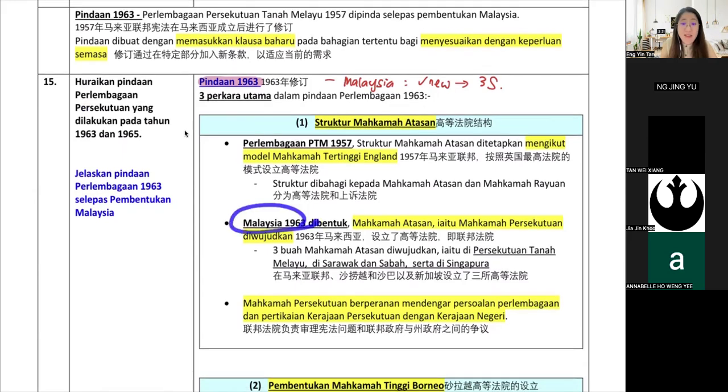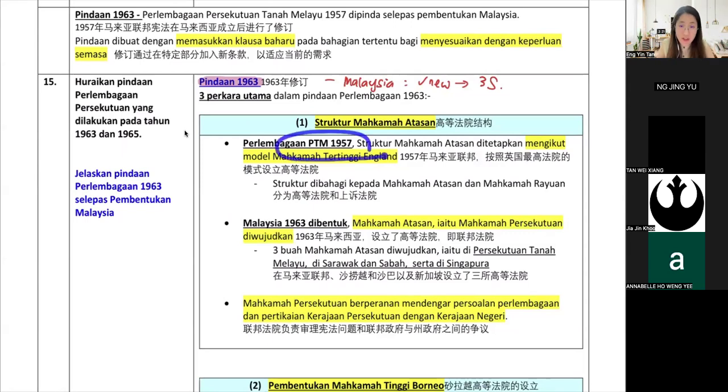But when it comes to 1963, because we were already used to it and also got new members, we used this opportunity to change. We started to change the high court structure. We started to call it Mahkamah Persekutuan. Mahkamah Persekutuan. We call this category.